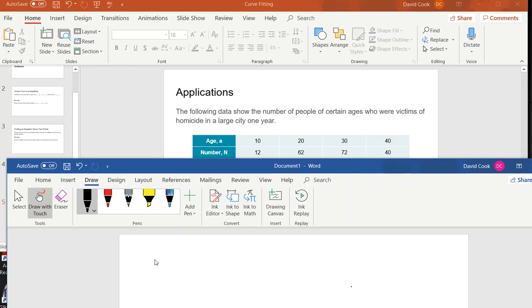So the first thing we know is that my function f of x is going to equal a times x squared plus b times x plus c.